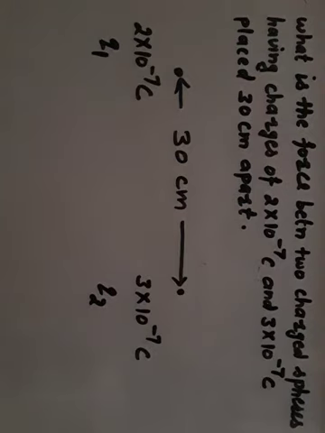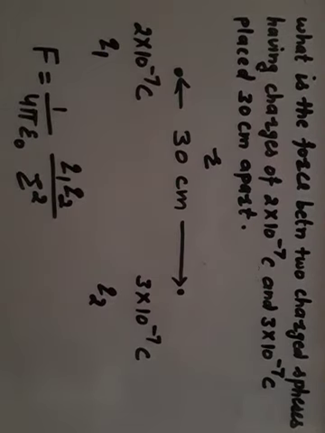And the distance between these two charges, which is 30 centimeter, is denoted by R, and we know that force between any two charges is given by this relation, the relation for the force between two point charges q1 and q2 which are placed at a distance 30 centimeter from each other.